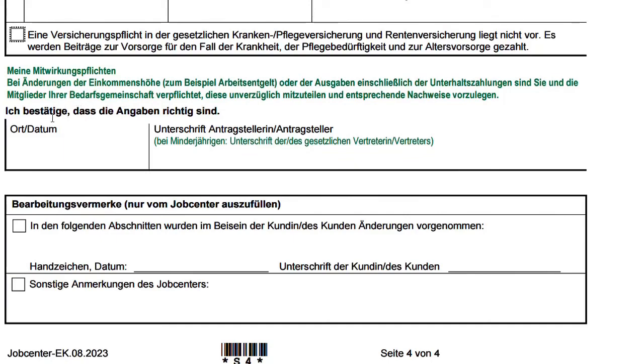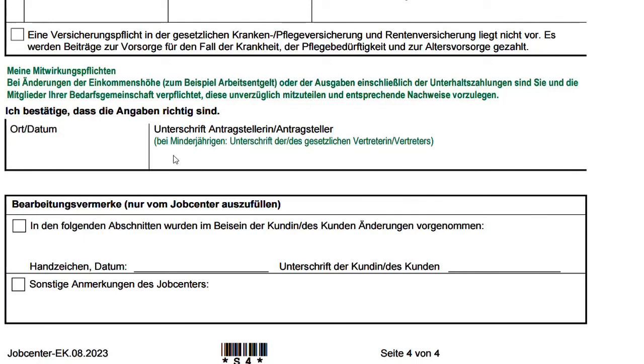And here you confirm that the information you have provided in this form is true and right. Here you write the name of the city where you and this person live, and you write the date on which you will send this form to the job center.